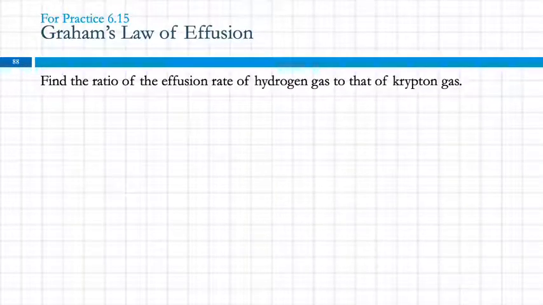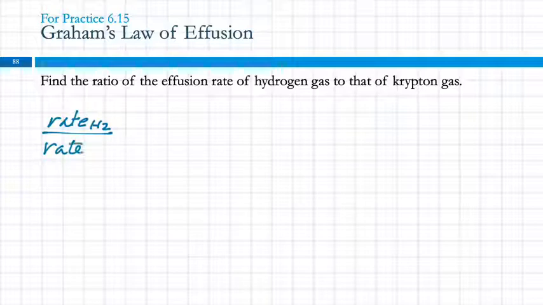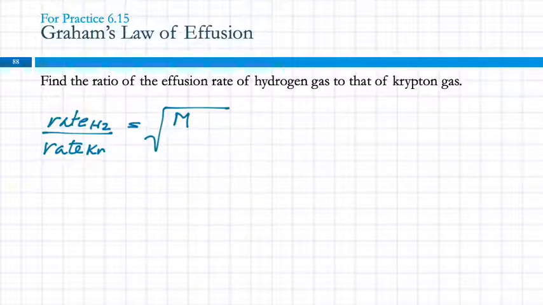Find the ratio of the rates of effusion for hydrogen to krypton. So we want the rate for hydrogen, the ratio to the rate for krypton. That is equal to the square root of the molar mass of krypton divided by the molar mass of hydrogen. In the root mean square equation, those molar masses had to be in kilograms.